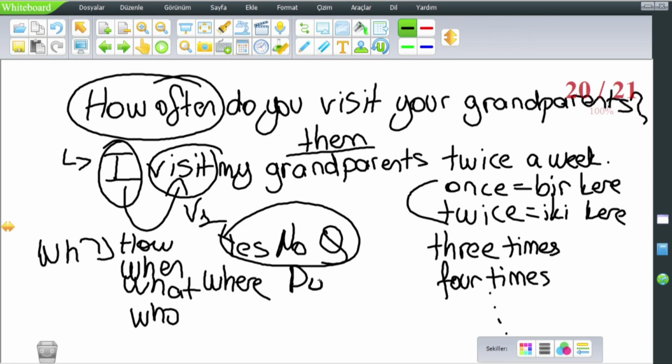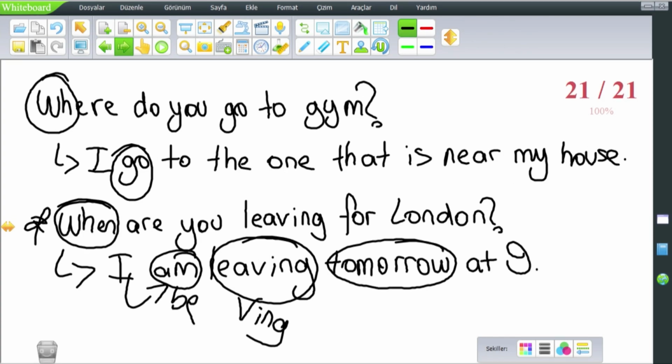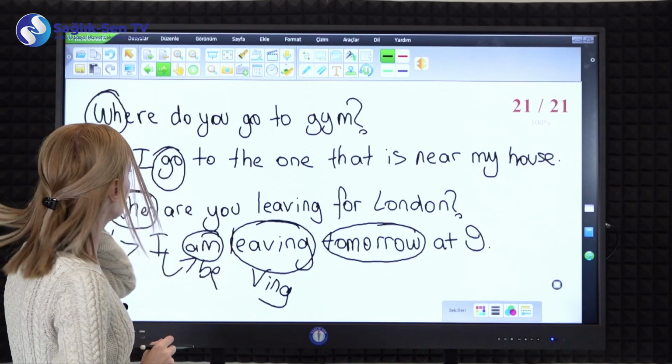It can be do subject blah blah blah, be subject blah blah blah, did subject blah blah blah. Let's discuss the WH questions. There's also two more examples.